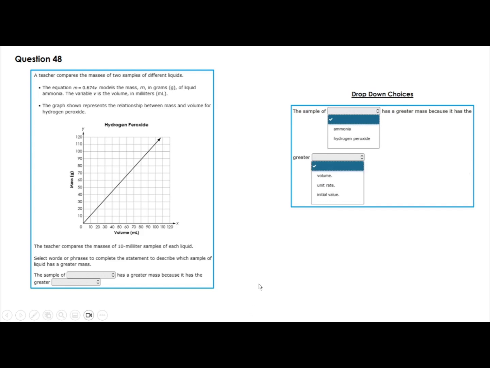Okay. So, let's see, solution 1. Ammonia. This is the volume, 10. You get the mass would be 6.74. Hydrogen peroxide: M is equal to 1V.